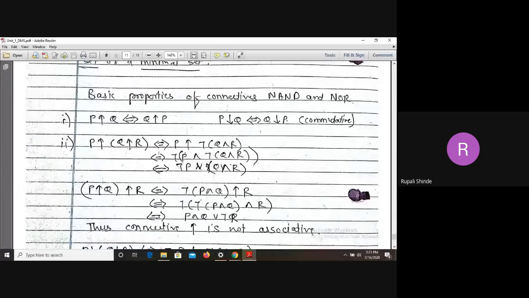First of all, we have to remove this NAND from this bracket. In order to remove this NAND, we can take negation of Q and R. Here we have removed this NAND. Now we have to remove this NAND, so again negation of P and negation of (Q and R).